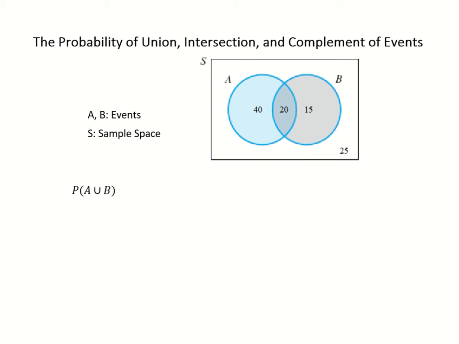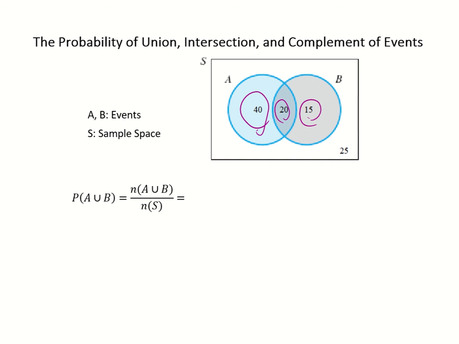First, I want to find the probability of A union B. This should be equal to the number of elements in the set A union B over the number of elements in the sample space. How many elements are in the set of A union B? Well, we have 40 and 20 and 15, right?